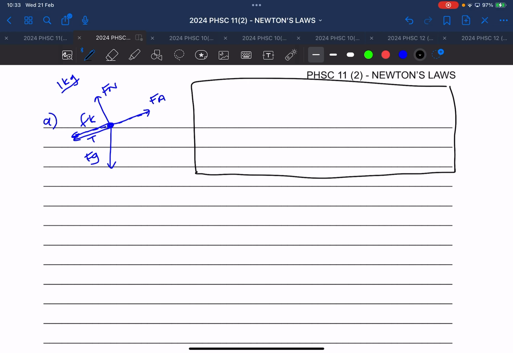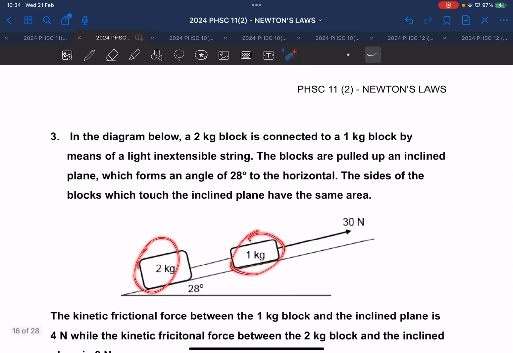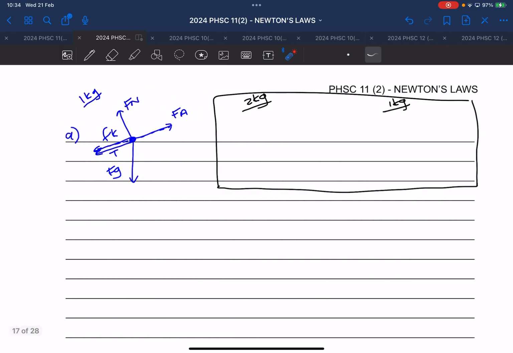Okay, so we have the 2 kilogram, we have the 1 kilogram. Why am I drawing it 2 and 1? Because that's the order in which it is shown in the picture. The 1 we've already done now, so this is going to be easy.